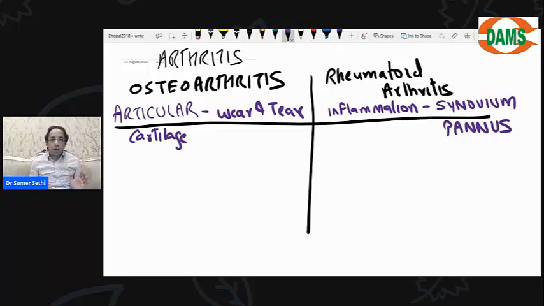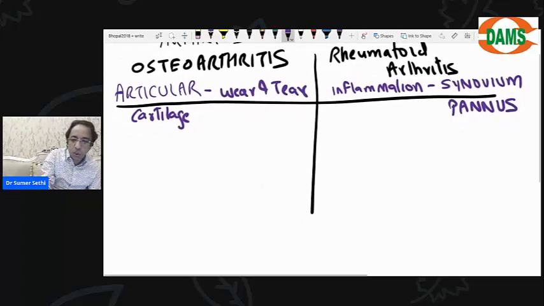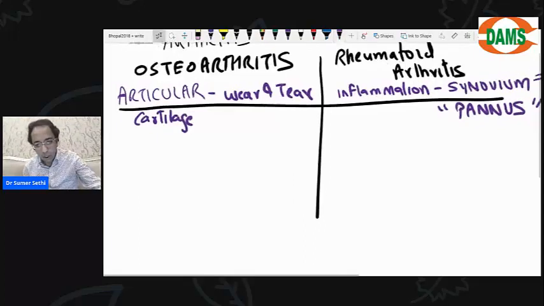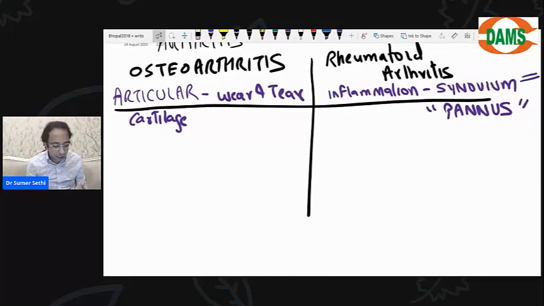So if I put it in one line, in osteoarthritis, the predominant thing that is happening is wear and tear of the cartilage, while in rheumatoid arthritis, the synovium, the lining of the joint, is getting inflamed, which is called pannus. Okay, now based on this understanding, I will show you how the X-ray appearance will differ.